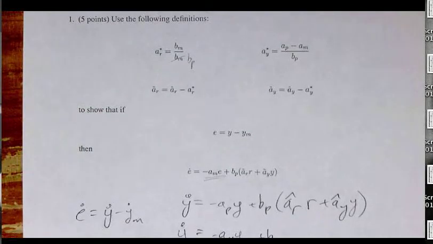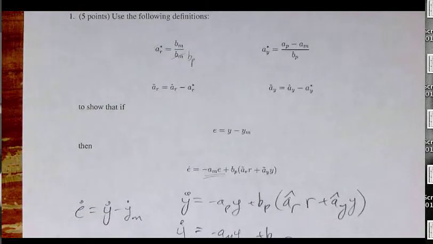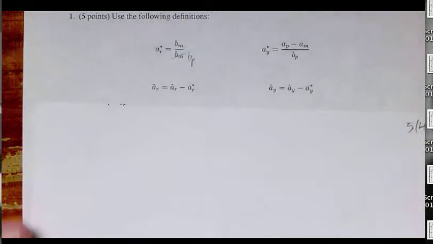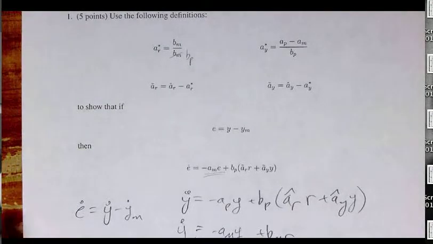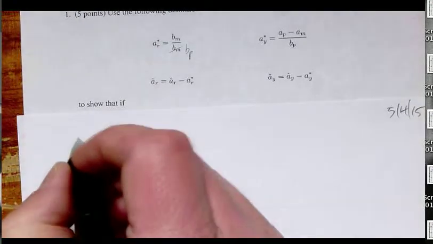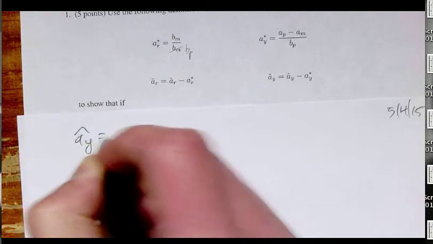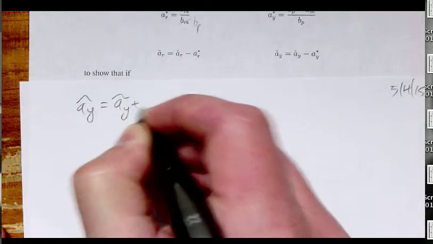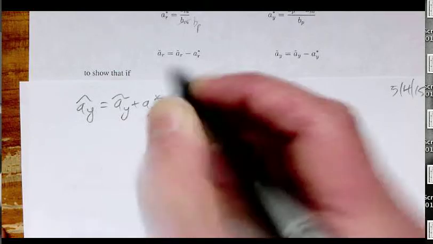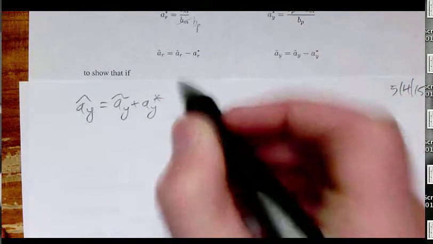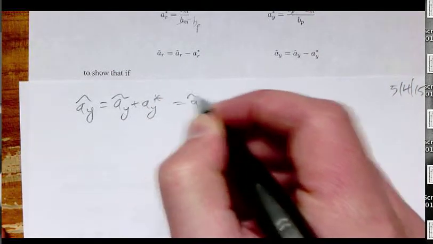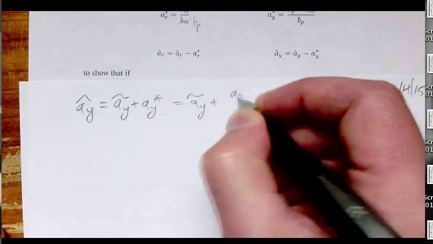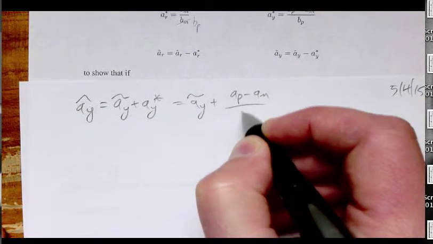Sorry, let me date and number my pages. I'll scan this in a little later. So I said we needed an AY hat and an AR hat. So AY hat is just, from this equation, AY tilde plus AY star, and AY star from here, so that's AY tilde plus AP minus AM divided by BP.